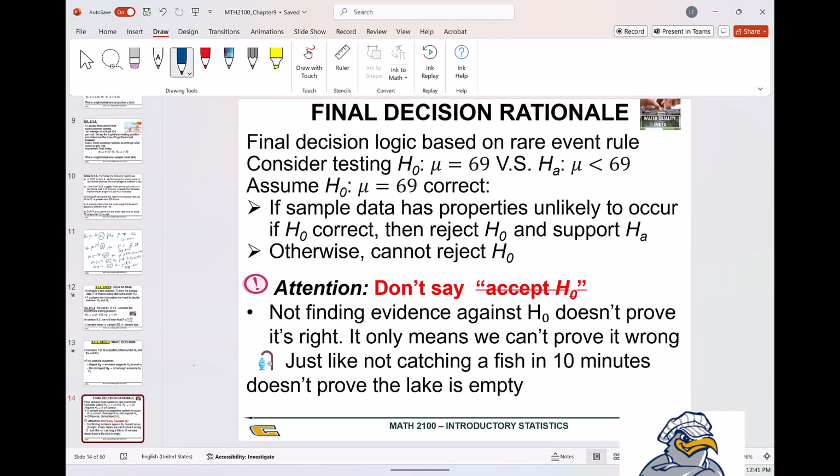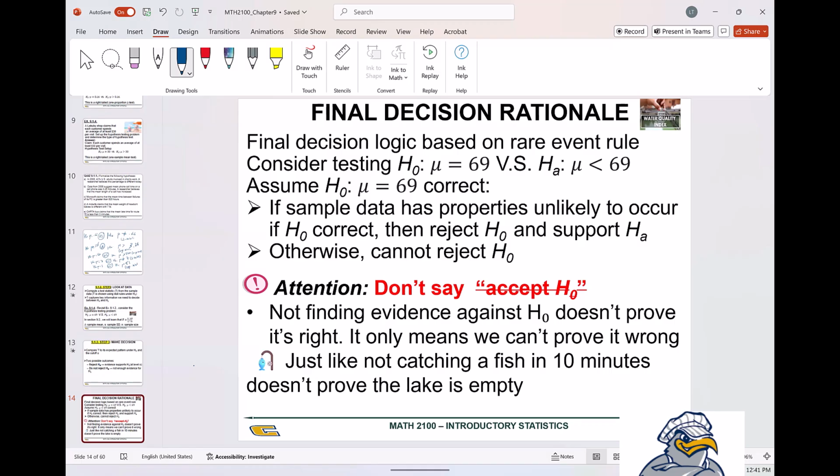The same thing here. For example, we consider the testing problem under water quality index: H naught: mu equals 69 versus H A: mu less than 69. First you assume H naught is correct. But now you collect data from different locations in Atlanta and you measure, and you see the water quality index is just 10, 20, 25, 30.